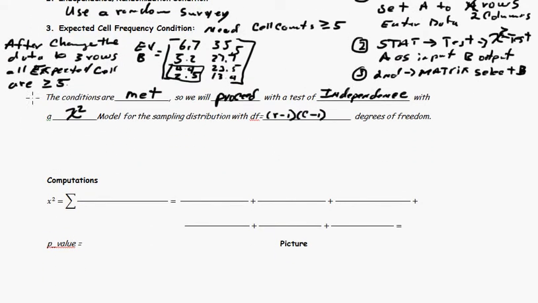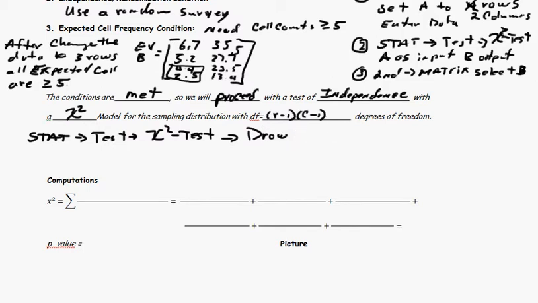Now you probably already did this, but if you do second, now I keep messing up. It's not second. To do the test, we want to do stat test and do chi-squared test. And this time you want to do draw. And you get everything that you need.